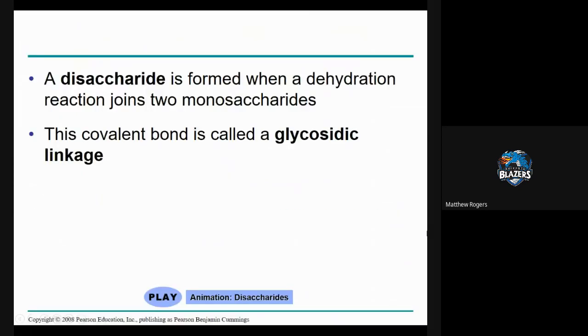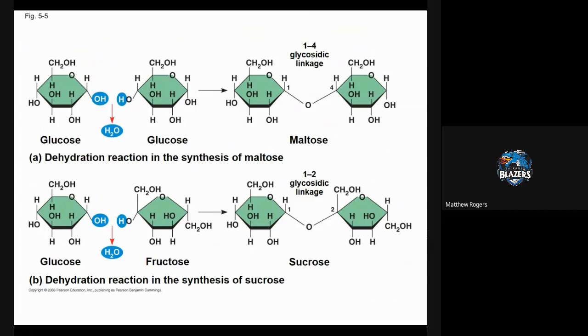A disaccharide is when we connect two of these guys together, and their combination between them is called a glycosidic linkage. Sorry, I can't say that word. Glycosidic linkage, and you're going to see what that is in a second. It's just a covalent bond between the two. They basically just hold hands with each other, and so again, it's just a typical dehydration synthesis where you lose a water and you connect together with this oxygen in the middle.